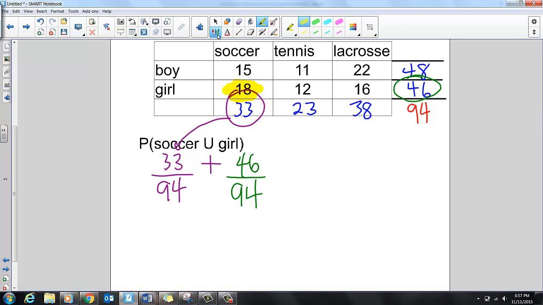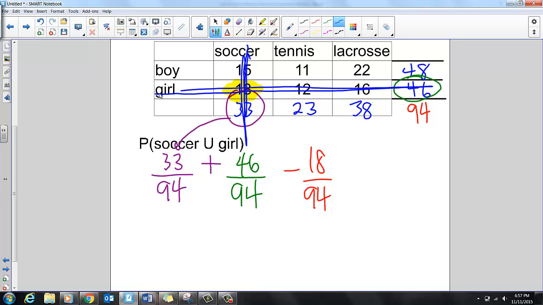And I'll show you why we want to subtract that. We want to subtract that 18 over 94. We want to subtract that because I count my soccer players, so that's this, and then I count my girls. What is the only box that was counted twice? You should be seeing that it's that 18.